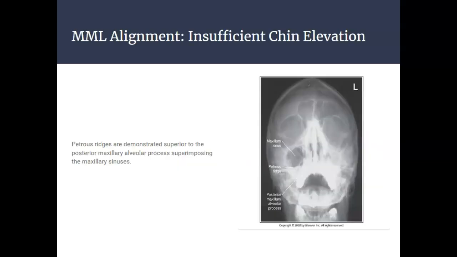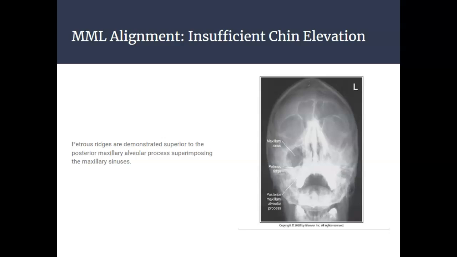So how do we know if we have sufficient chin elevation for the Waters method? You want to look at the relationship between the petrous ridges and the posterior maxillary alveolar process.